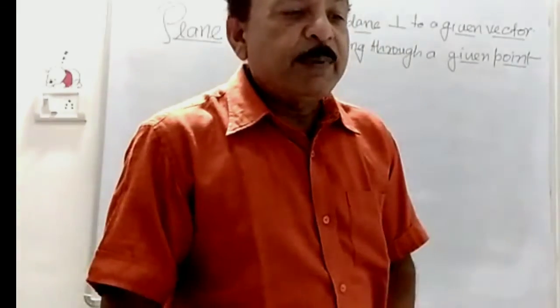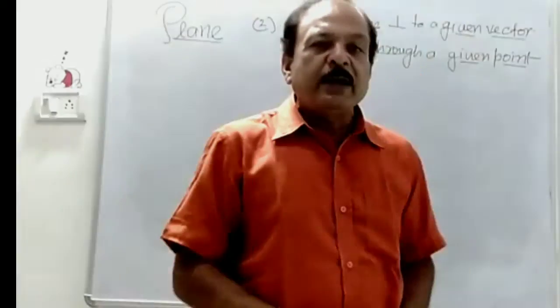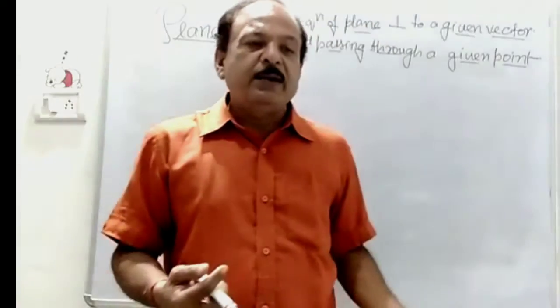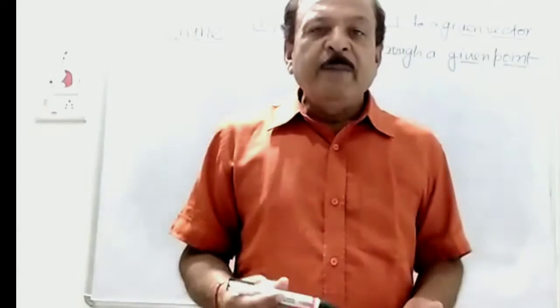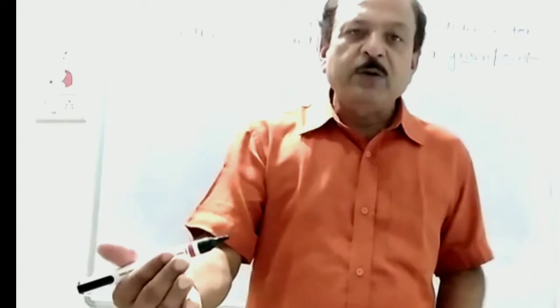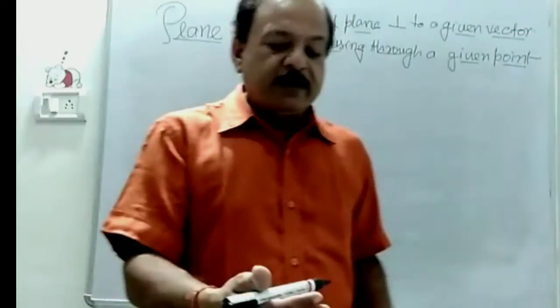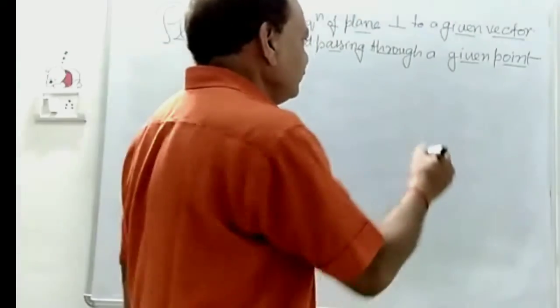The equation of plane passing through a given point and perpendicular to a given vector is to be found. So how do you find the equation of a plane passing through a given point and perpendicular to a given vector? So now let us see.